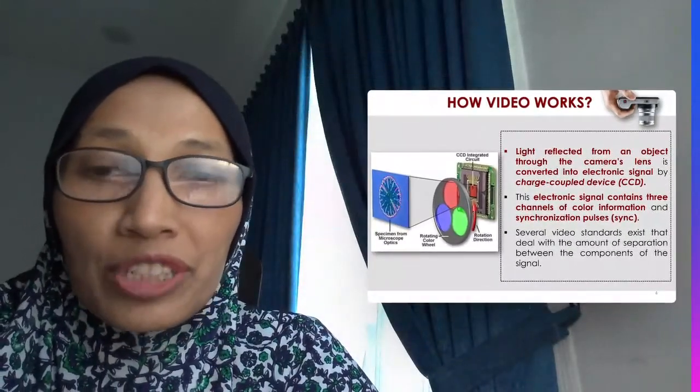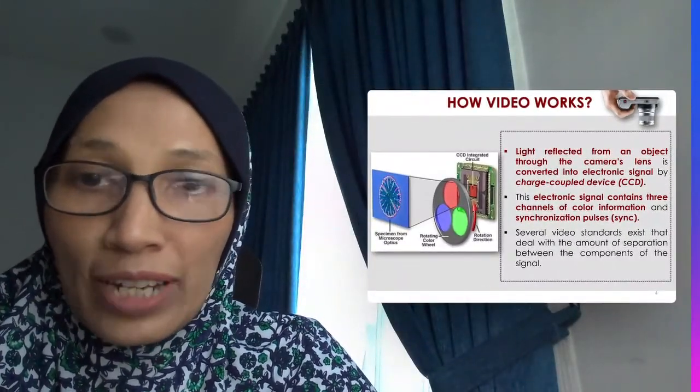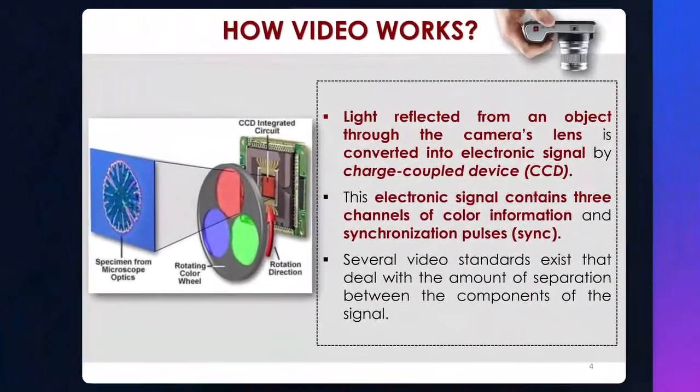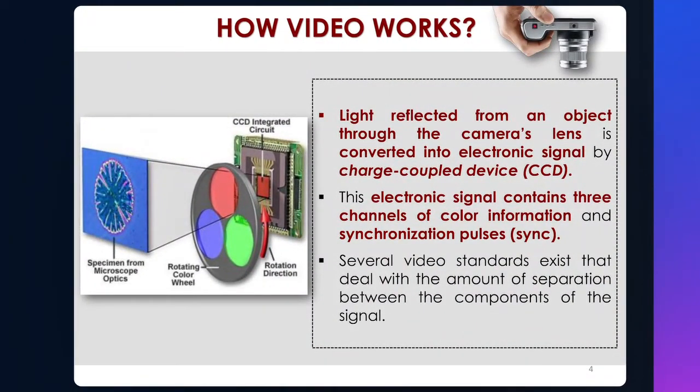So actually, how does video work? Let me explain. Video comes from the light reflected from an object through the camera's lens. It is converted into an electronic signal by a charge-coupled device, or CCD.